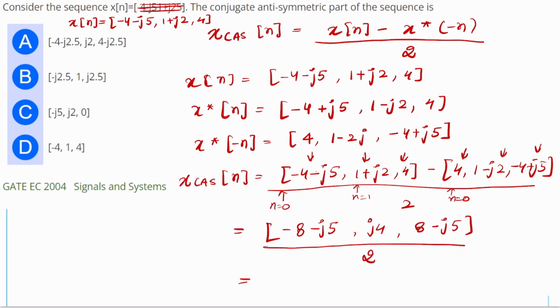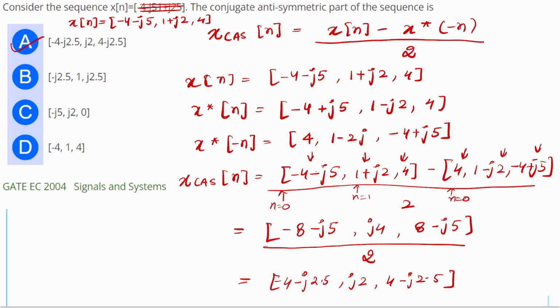The complete part is divided by 2. So the sequence we are getting is minus 4 minus j2.5 comma j2 comma 4 minus j2.5. That's it. So which option is correct? Option A will be your correct option according to the sequence. That was a misprint, so we can ignore that.